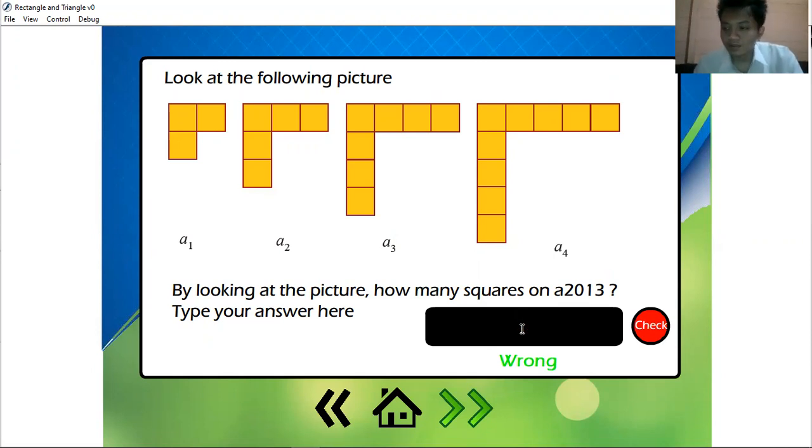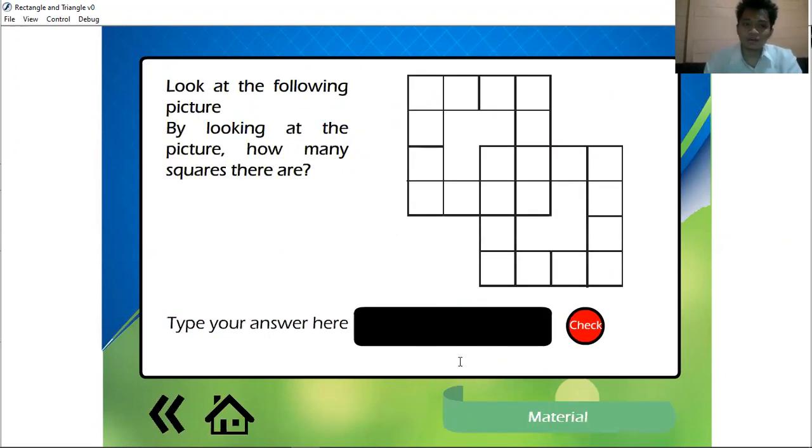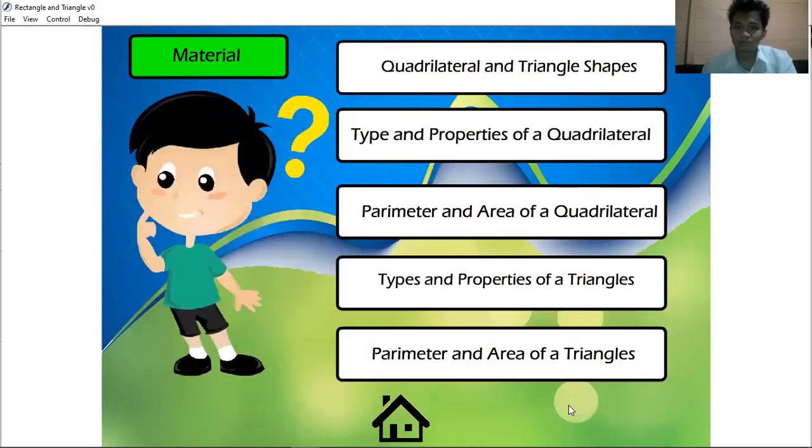But if the student gives the correct answer, it's correct. Next, look at the following picture. By looking at the picture, how many squares are there? 5. Correct. Then students can click here to come back to the material menu.